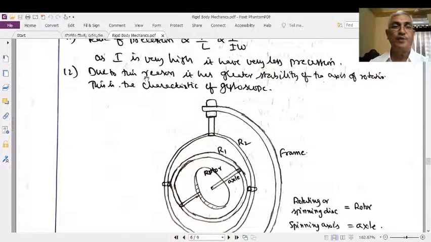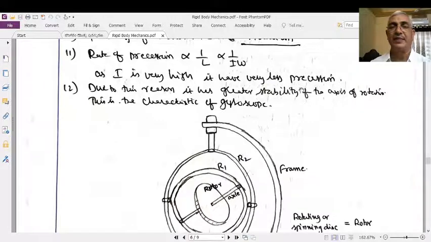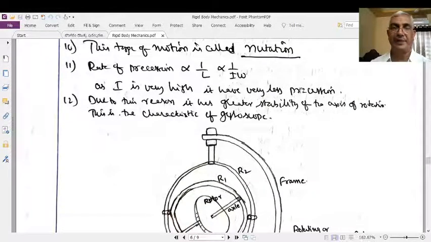Due to this reason, greater stability of the axis of rotation is the characteristic of a gyroscope.